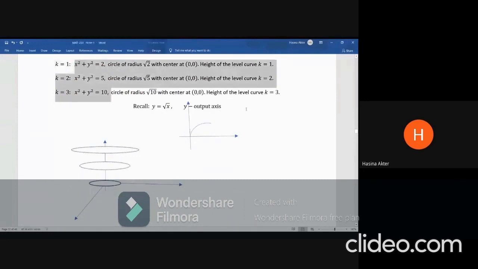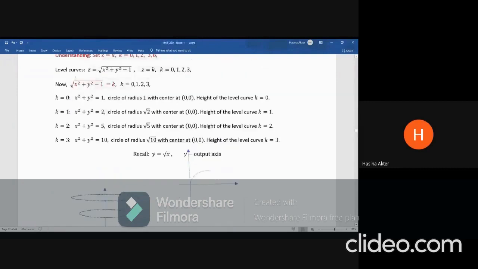But this is not like the cone, because you have a function which is the square root function, and subtracting 1 means something similar to this.